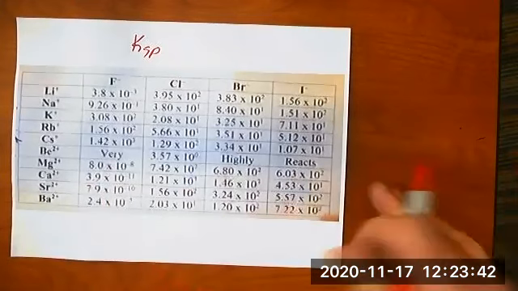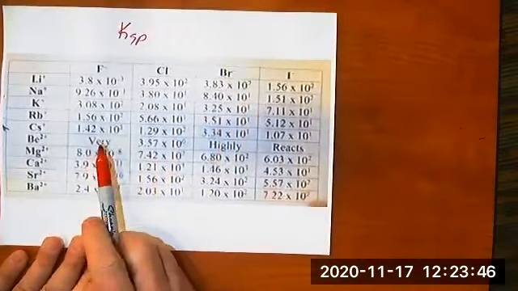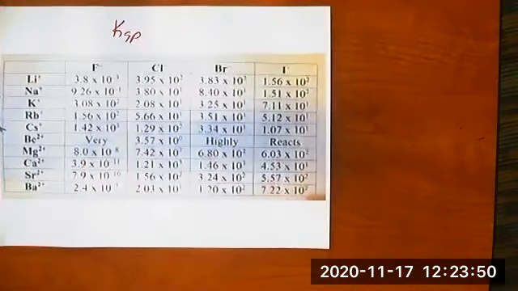But then the next thing I did was I took this to explore how we would determine something like in a mixture what would precipitate out, and then how much of it would precipitate out, and how much of the ions would be left after the precipitation happens.